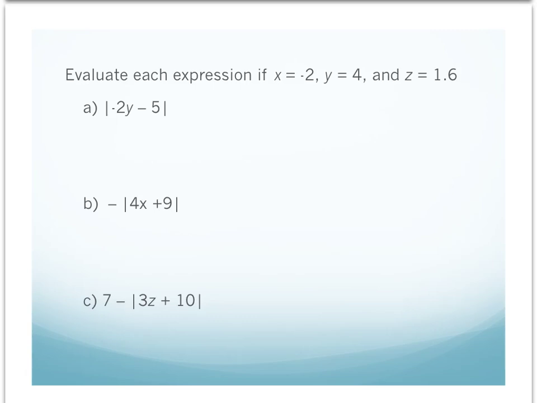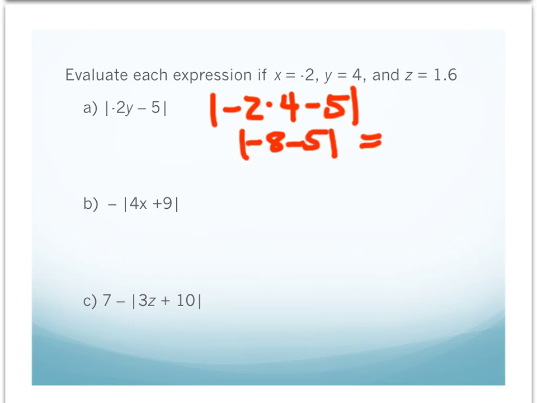The first one, we would replace y with 4 and evaluate the absolute value of negative 2 times 4 minus 5. Well, negative 2 times 4 is negative 8, minus 5. That's going to be equal to the absolute value of negative 13, which is equal to 13.